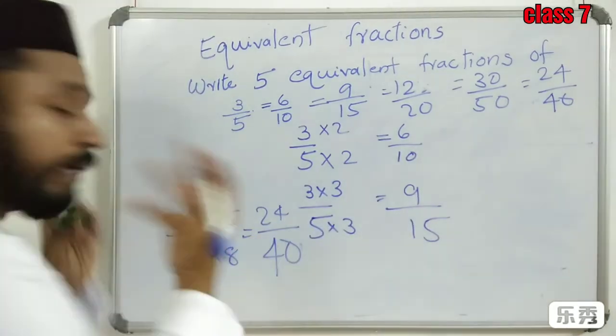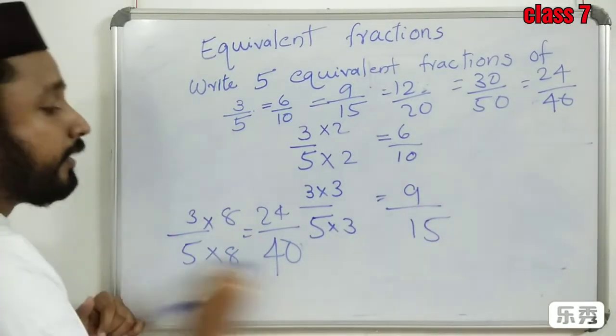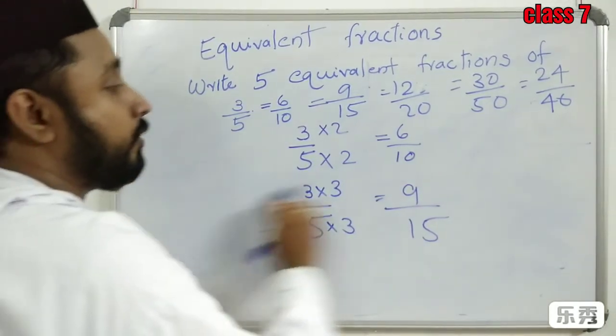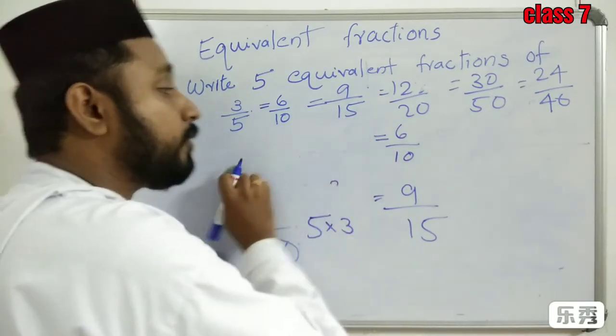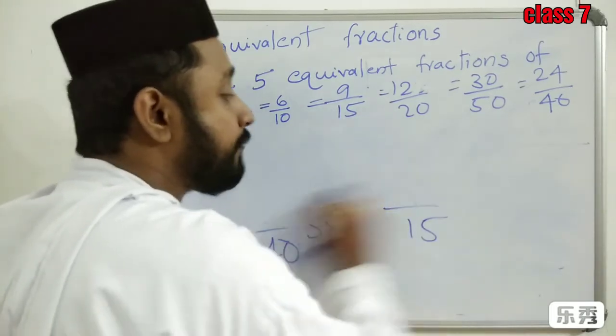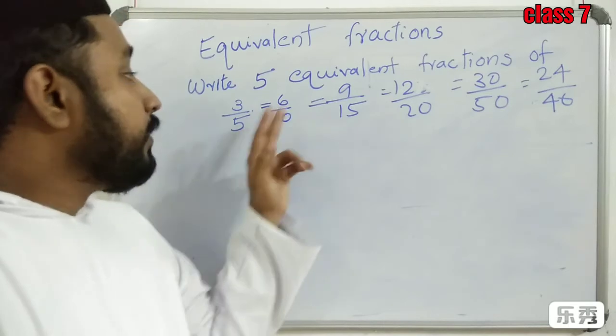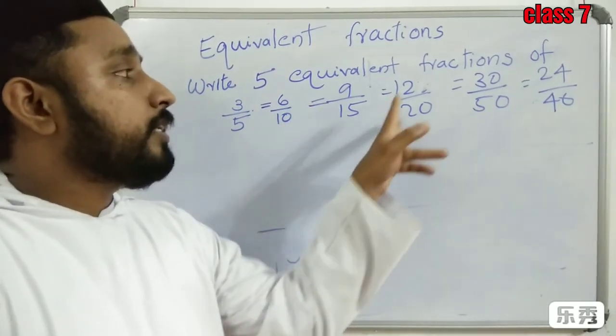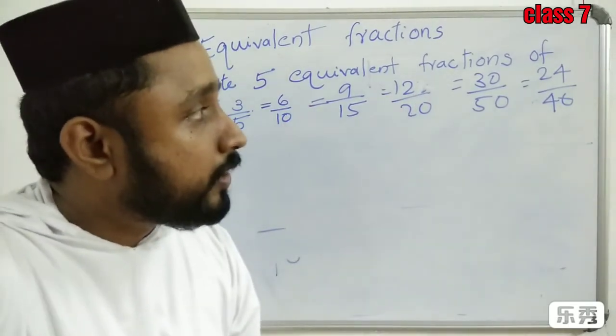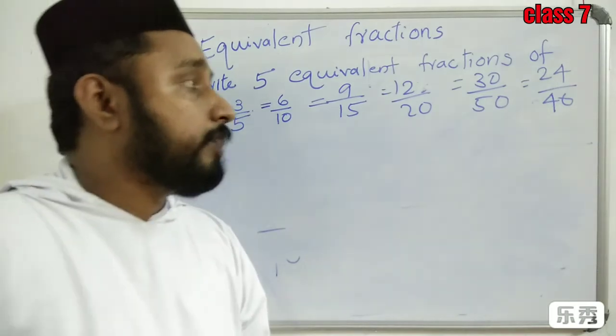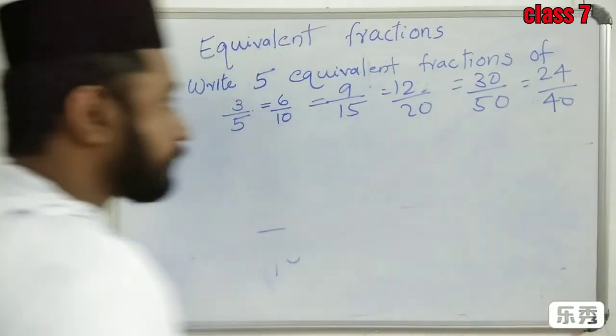So we can multiply with any number. Then we will get the equivalent fraction. The only condition is that you have to multiply both the numerator and also the denominator. So the 5 equivalent fractions of 3 by 5 are 6 by 10, 9 by 15, 12 by 20, 30 by 50, 24 by 40, etc.